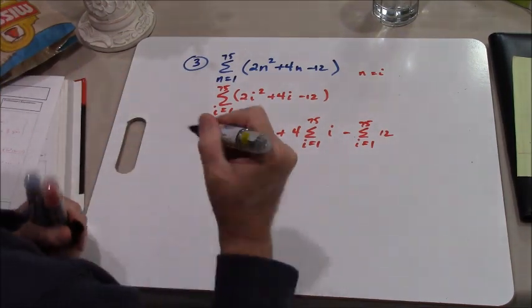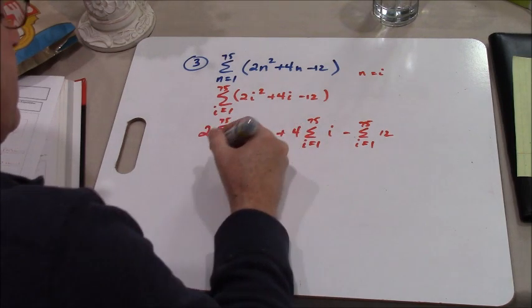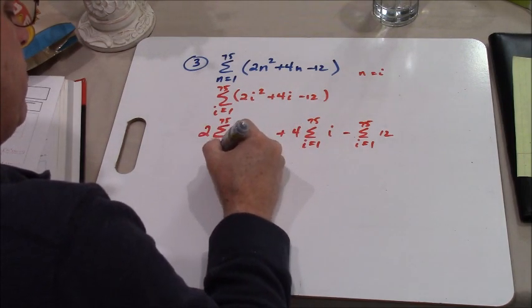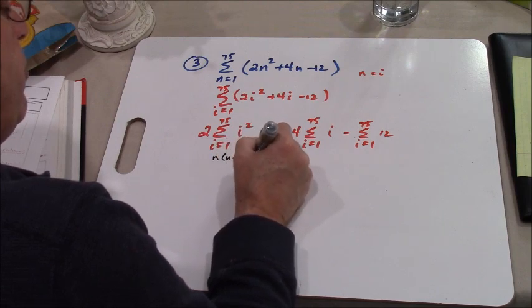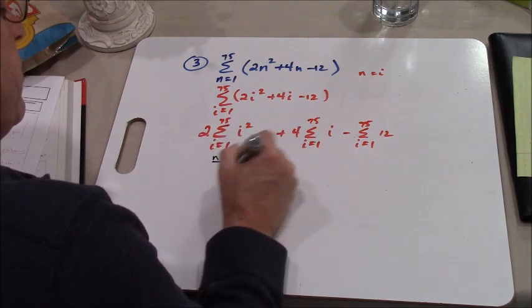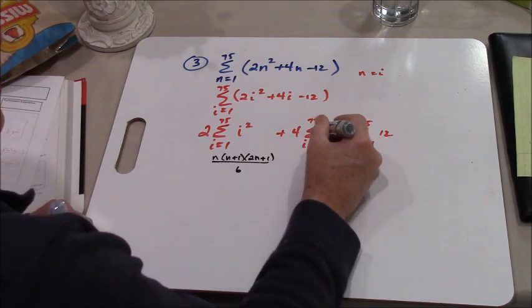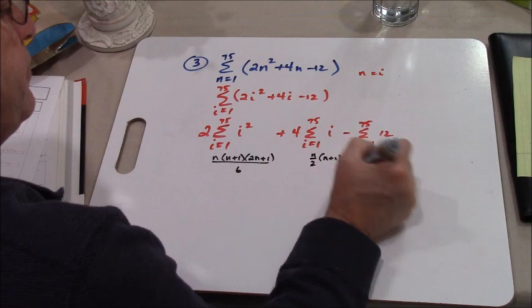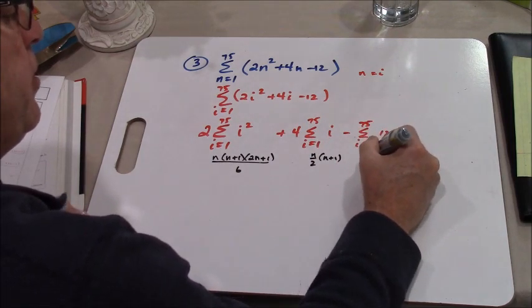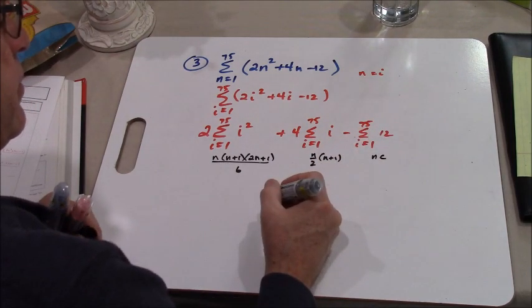Alright, so this formula would be, starting to get these memorized already, n times n plus 1 times 2n plus 1 over 6. This formula was n over 2 times n plus 1. And this formula was n times that constant.